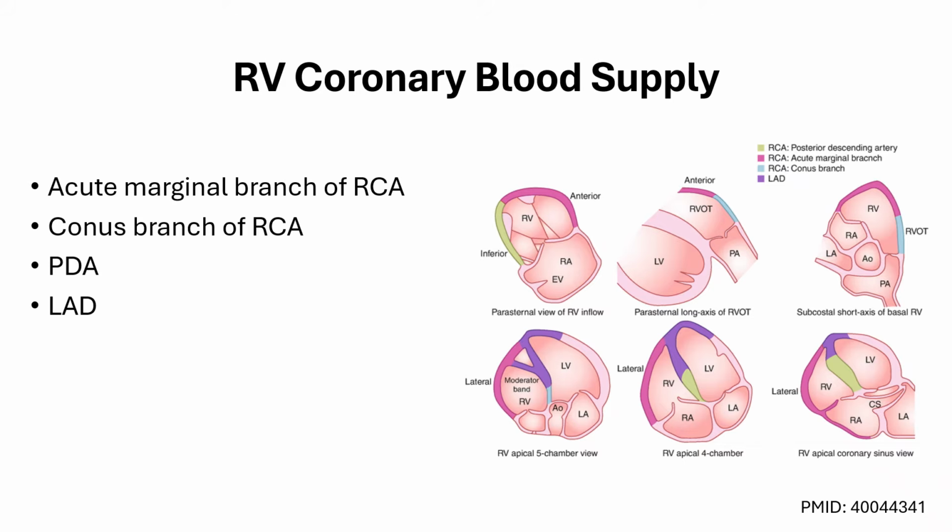Also, it is important to remember that LAD contributes important blood supply to the right ventricle as well. For example, apex of the right ventricle and large portion of the interventricular septum are supplied by the LAD. Please pause this video if you need more time to review this important concept.